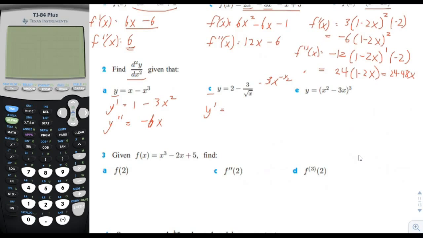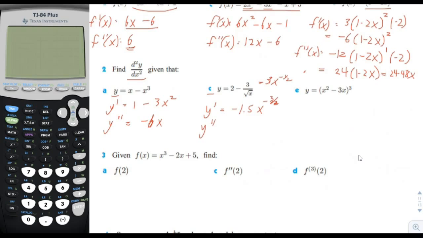So negative 3 times negative 1/2 would be negative 1.5 x to the, and we're going to reduce that power. Instead of negative 1/2, we're going to put negative 3/2. We're going to reduce it by 1, right? Because that's what the power rule says. And that doesn't really simplify. That's pretty much it, right?